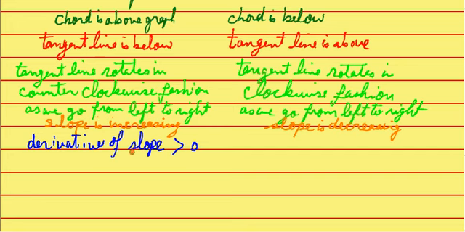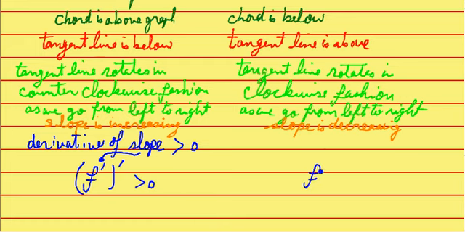Now let's make it a mathematical notation. Slope itself was the derivative of the function. So here is the slope. Slope is a derivative function. Now we are talking about the derivative of that. So it's a derivative of the derivative is positive.